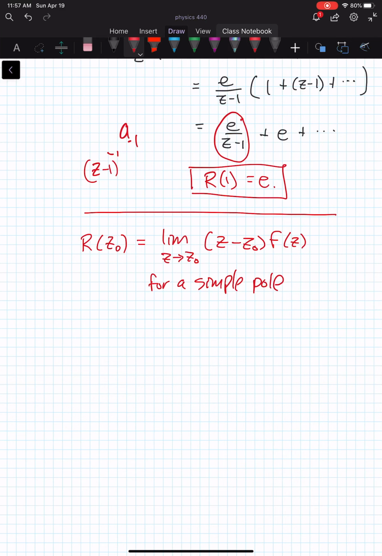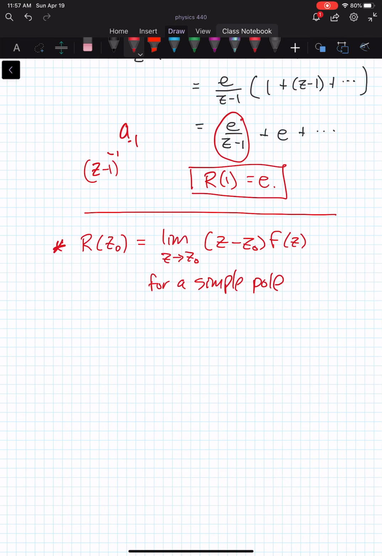This goes back to just our definition of what the Laurent expansion looks like and what we're dealing with in terms of the terms themselves. All of the other terms vanish.